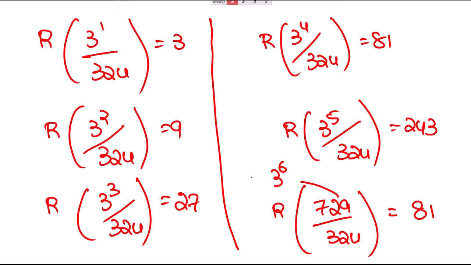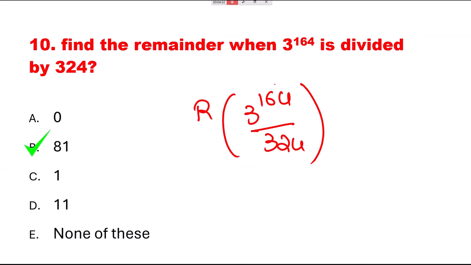When the power is greater than 3 and even, we get the answer 81; odd means 243. As the power is even, we are getting 81. But the condition is that the power must be greater than 3. This is what we have to analyze.